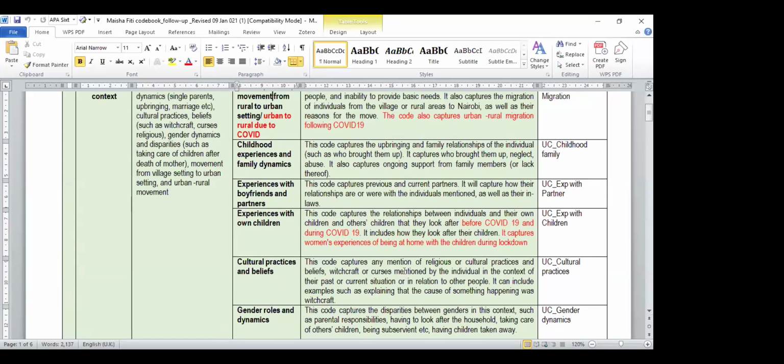So already at the back of your mind, you have predetermined areas that you want to extract from that data. Or you could go into your data with an open mind, saying let's see what is emerging. So you're looking at emerging themes.